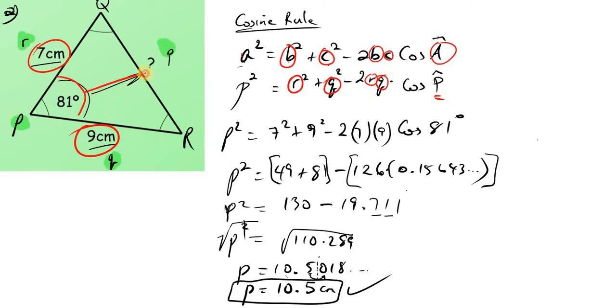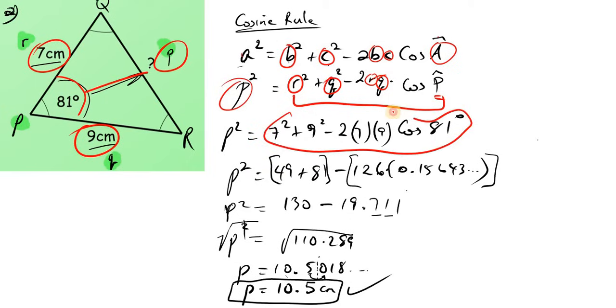Opposite this angle is our A, but in this case P. So in order to find P, we substitute all the variables and plug them in our calculator. We should get this number below, rounded off to 3 decimal places. Then we find the square root of it, which gives us 10.5 to 3 significant figures.